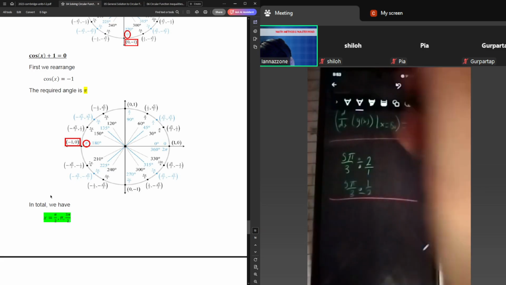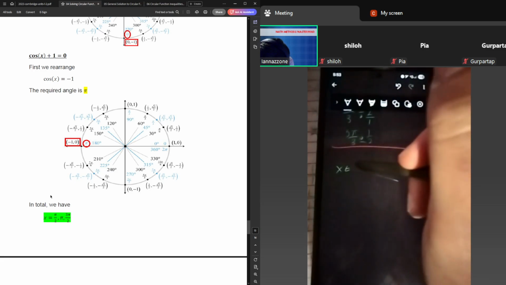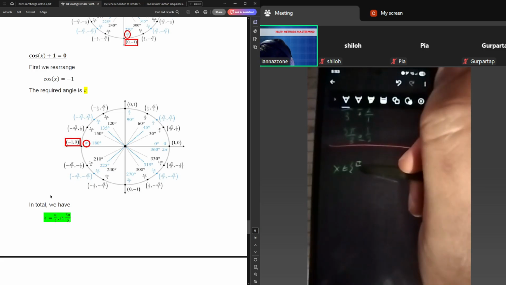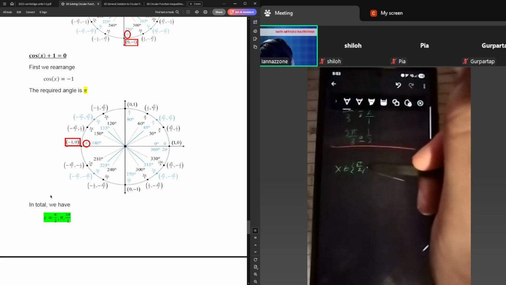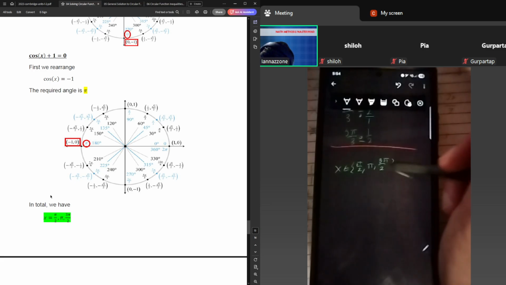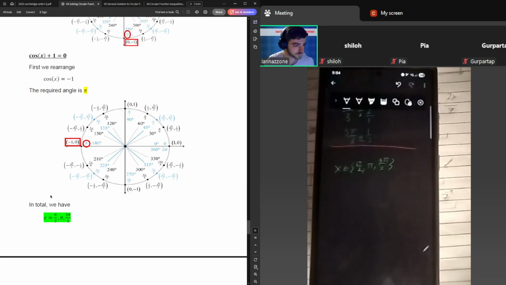So if you want to be super mathematically sound, you might say x is an element of squiggle brackets pi over 2 comma pi comma 3 pi over 2 squiggle bracket. That's if you want. Otherwise, what I've got written in the book is fine as well.